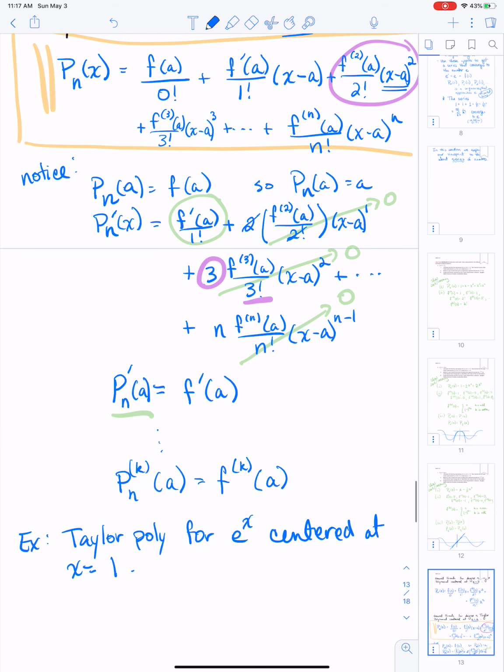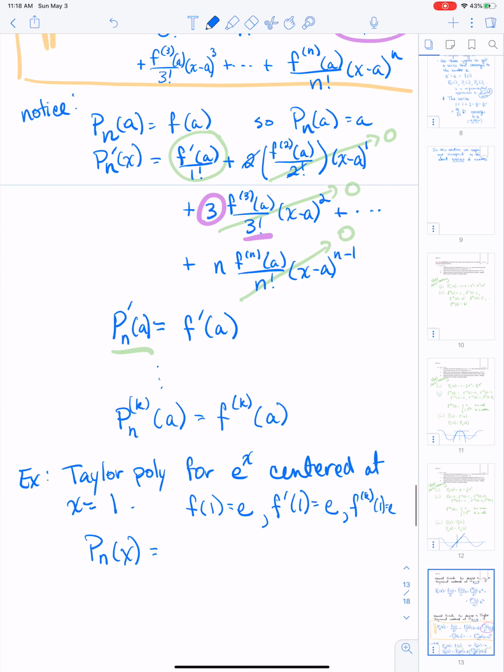Let's say the degree n Taylor polynomial is equal to, okay, f of 1 is equal to e. f prime of 1 is equal to e, and so on, because f of x is e to the x, and f prime of x is e to the x, so all possible derivatives are just e.